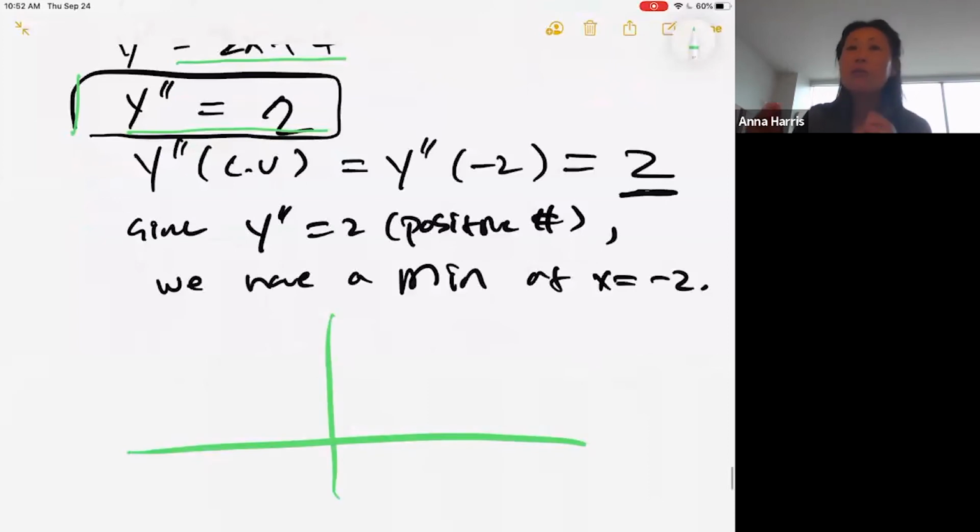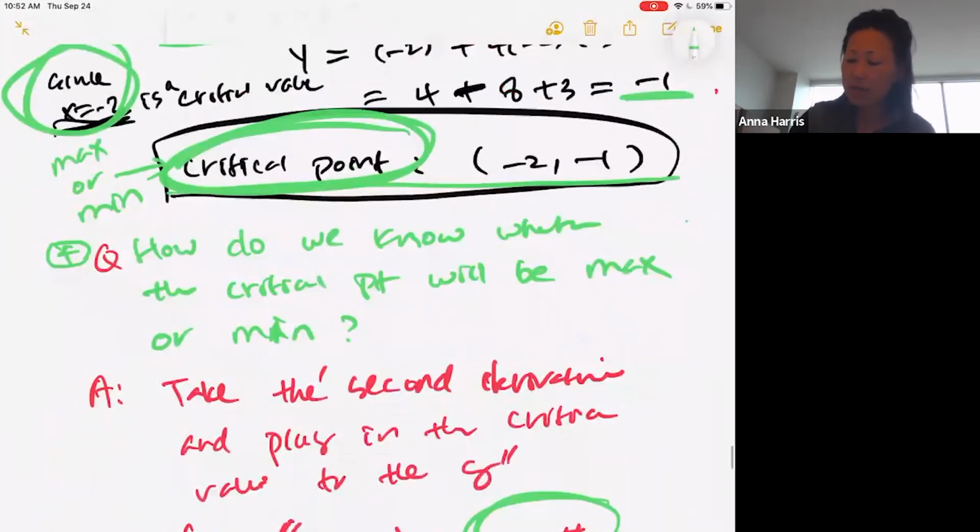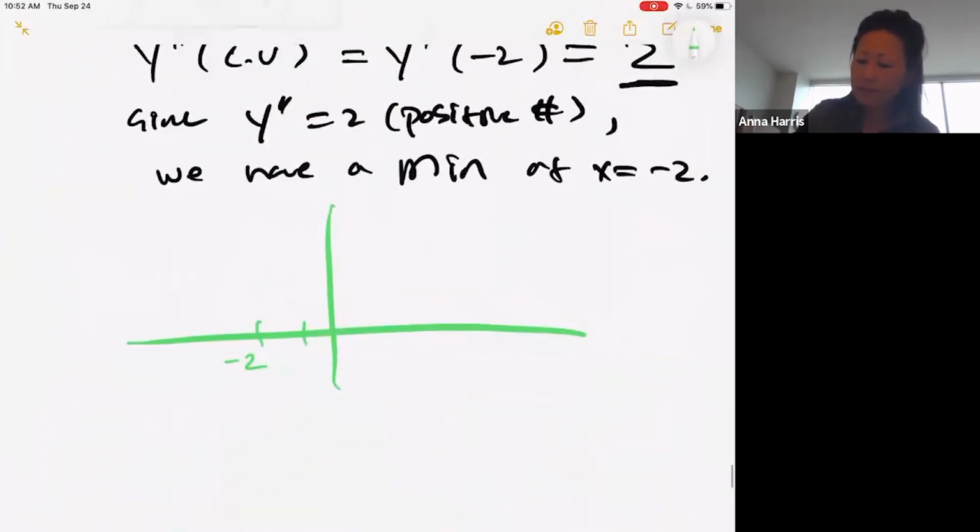the critical point that you found, which is -2, and what was my y value at that point? -1. That one is going to be like this. You will have a minimum always. You see this one? That's your minimum.